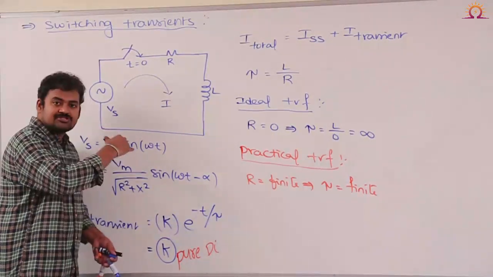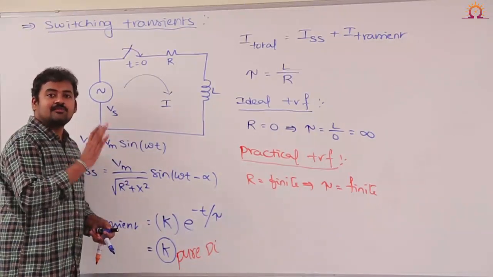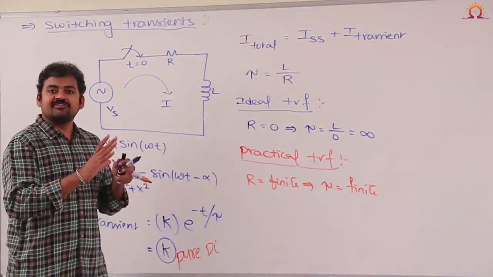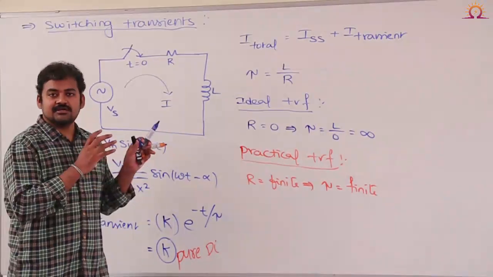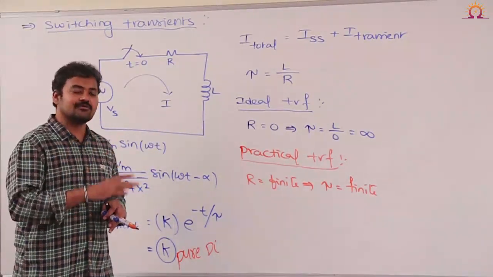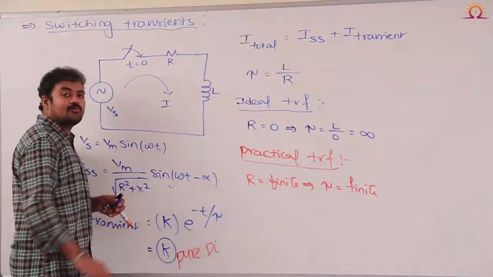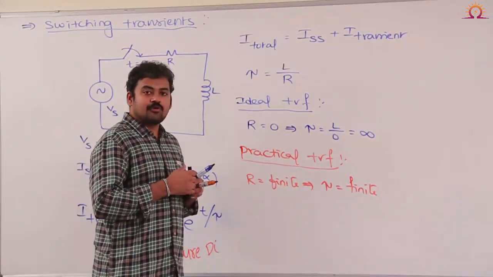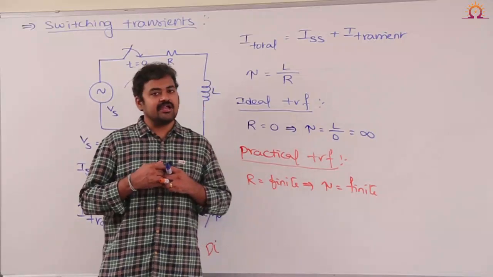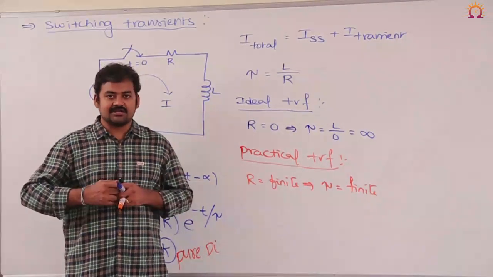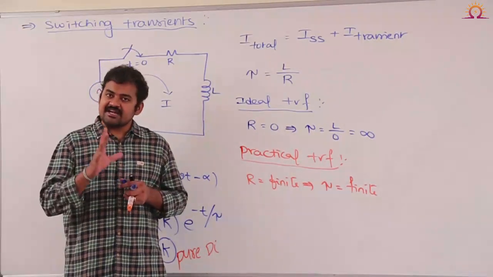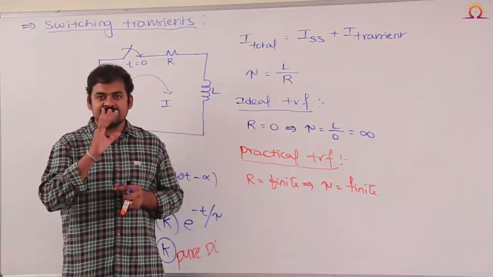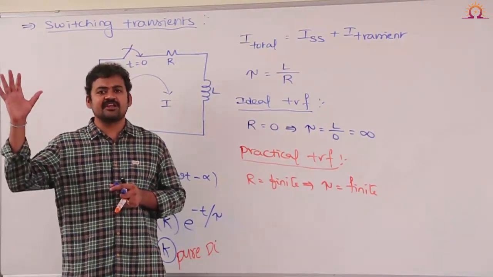It will be an exponentially decaying component and will be available only for 5 time constants. Am I right? After 5 time constants, the transient current component will die out, then only the steady state component will be permanently available. So therefore, it is very important whether we are talking about an ideal transformer discussion or a practical transformer discussion. If it is an ideal transformer, the transient current component will be purely a DC component and it will be available for infinite time.